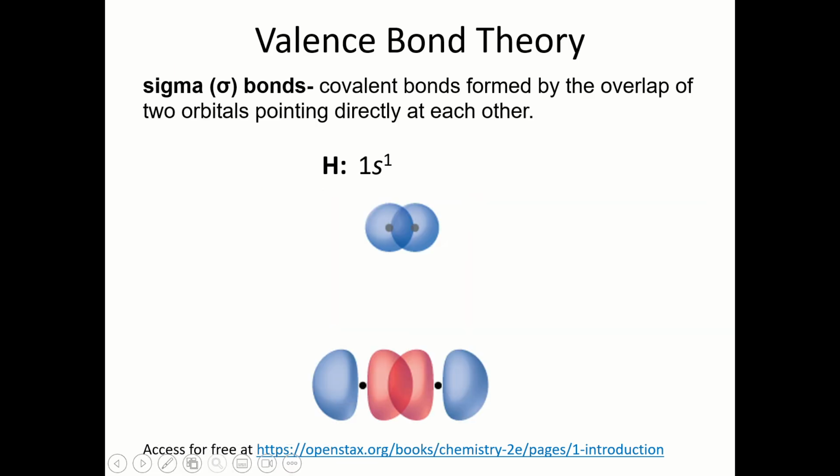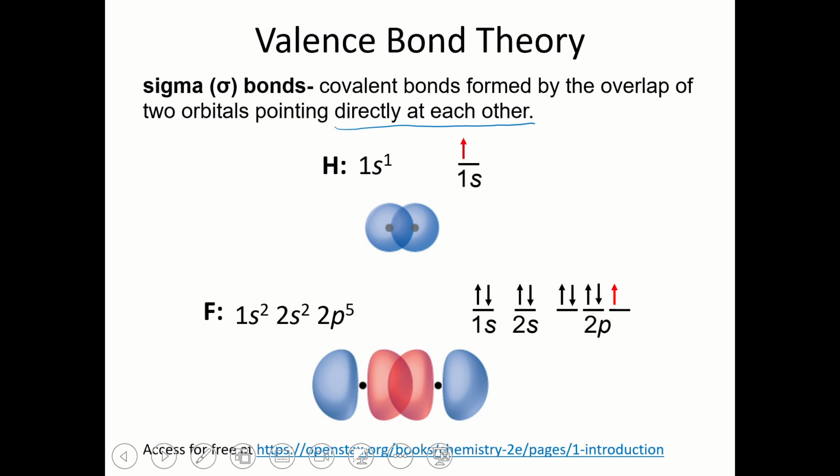So in valence bond theory, the first thing we're going to talk about are sigma bonds. So sigma bonds are whenever you have an overlap between 2 orbitals and they have to be pointed directly at each other. Okay, so this can happen between 2 s orbitals. So here we've got 2 hydrogen atoms, right?